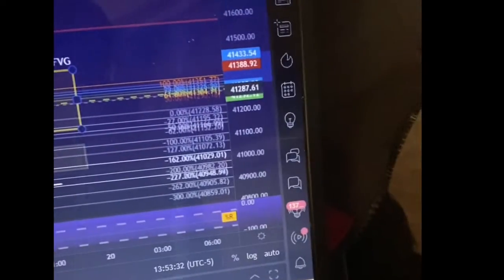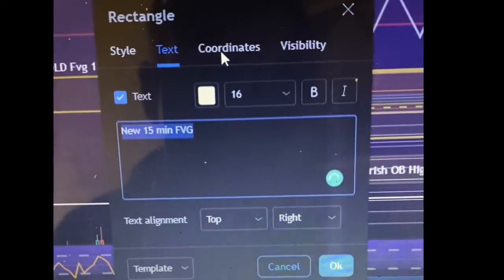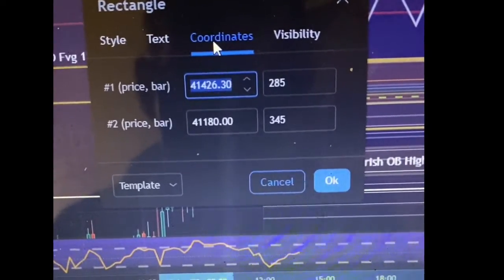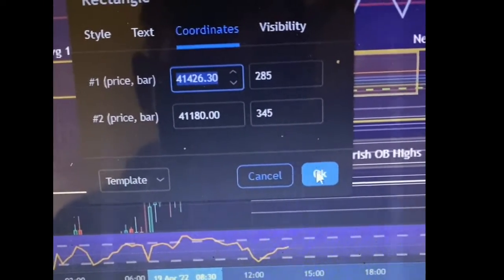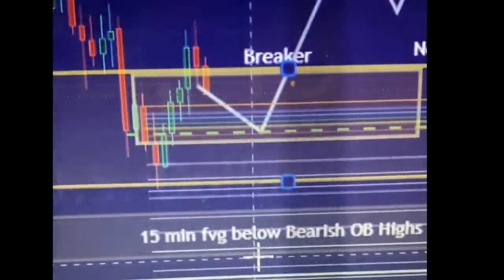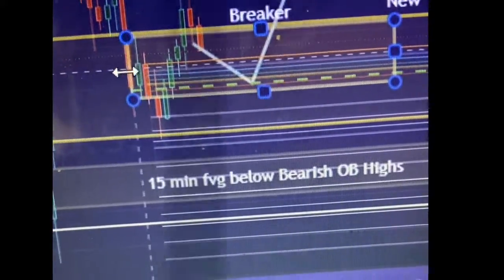And if we want to know what those new levels are, that would be anywhere between 41,180 to 41,426.